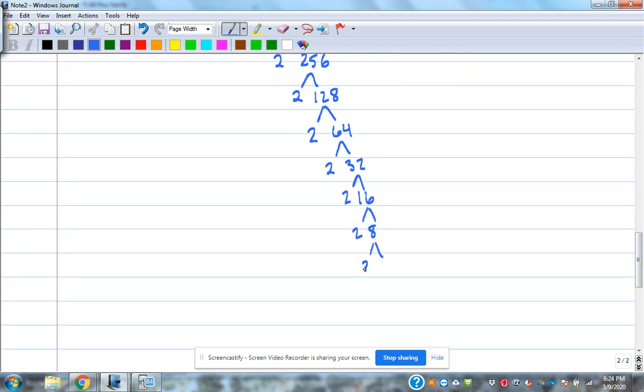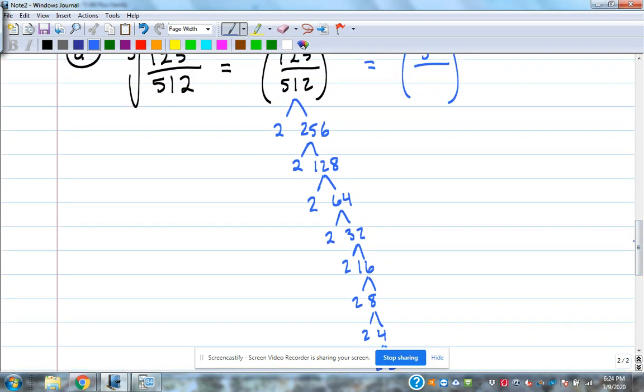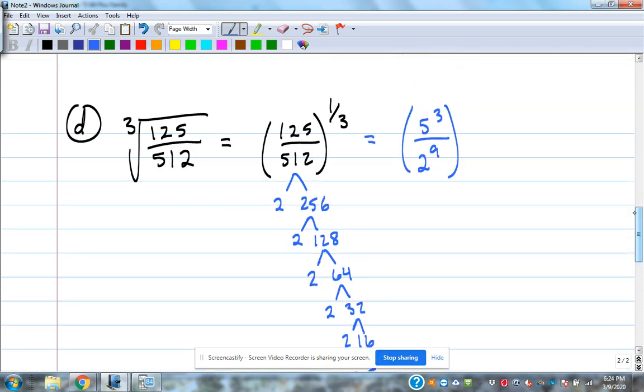A lot of 2s there. 2 and 4, 2 and 2. So that's 1, 2, 3, 4, 5, 6, 7, 8, 9 2s. 2 to the 9th power, all of that raised to the 1/3. Now, what was the rule about that exponent and those things in parentheses?